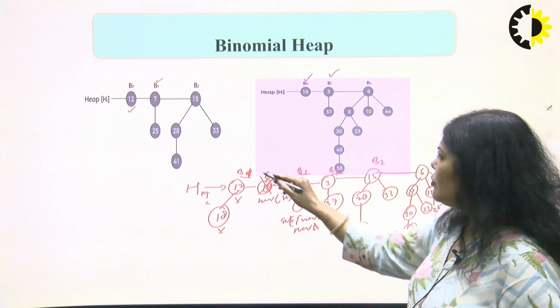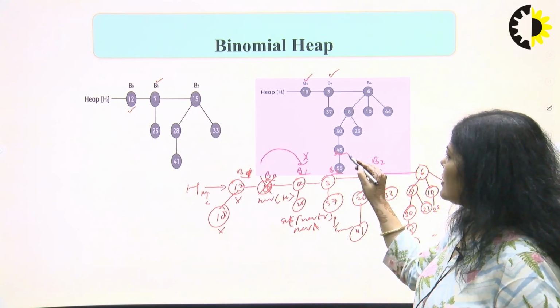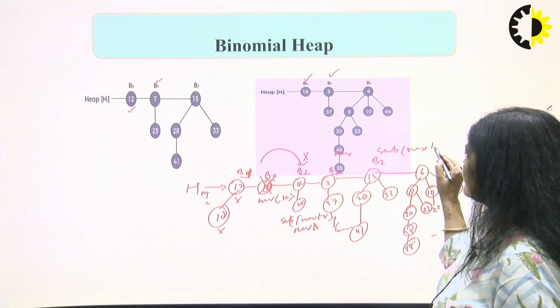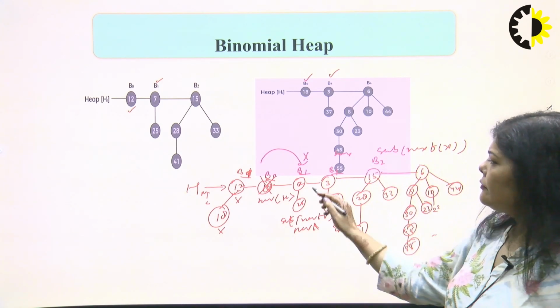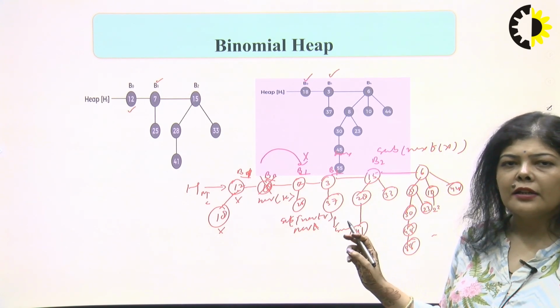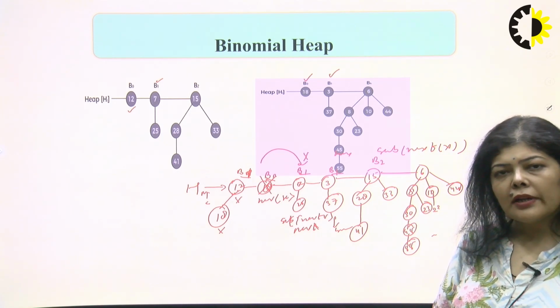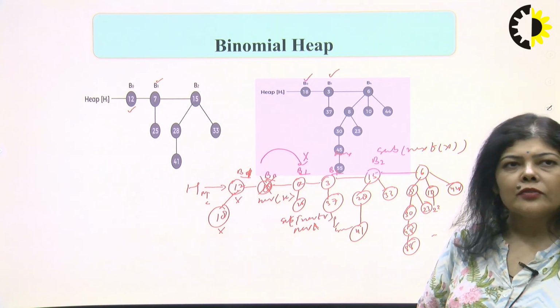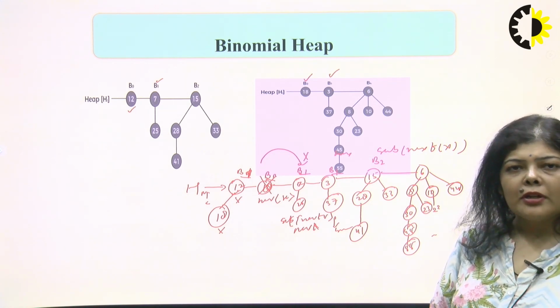So we are simply moving the pointer ahead, and now this becomes x, next of x, and this is the sibling of next of x. So this way, again, we check each and every case, and finally all these binomial trees will be adjusted in such a way that the second property is satisfied and the final structure will become a binomial heap.